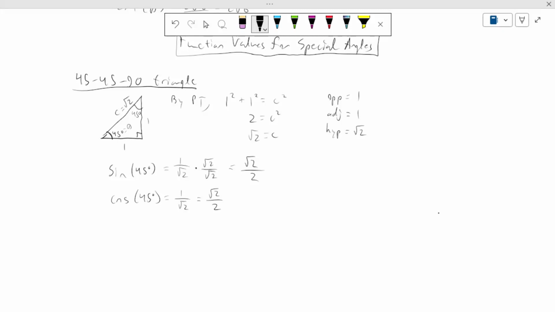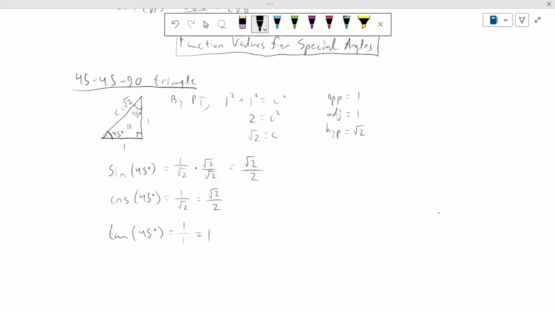Any questions on that? All right, now we'll do tangent. Tangent of 45 degrees is opposite over adjacent, so that's 1 over 1, which is 1. It's one of those nice values for a tangent.